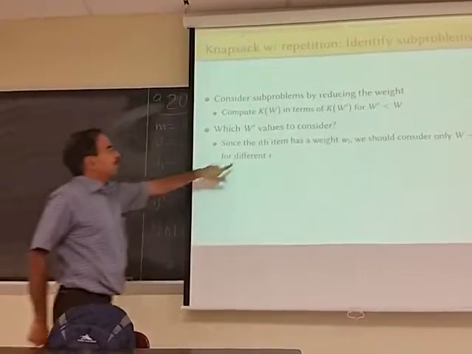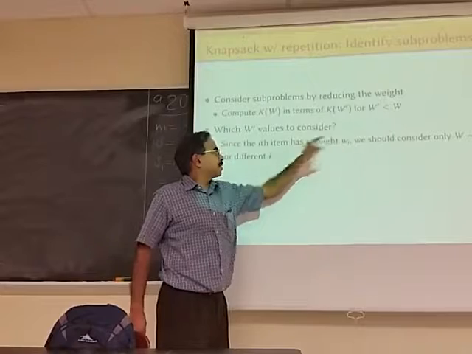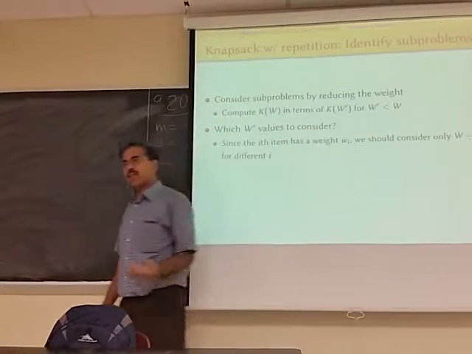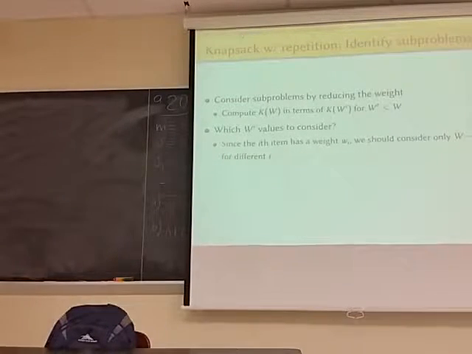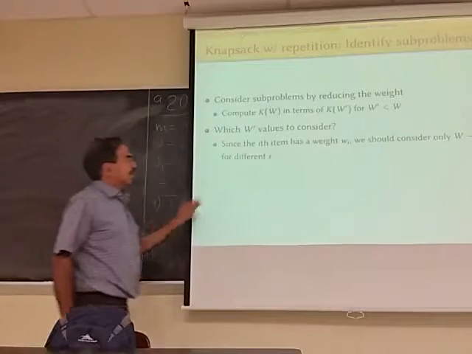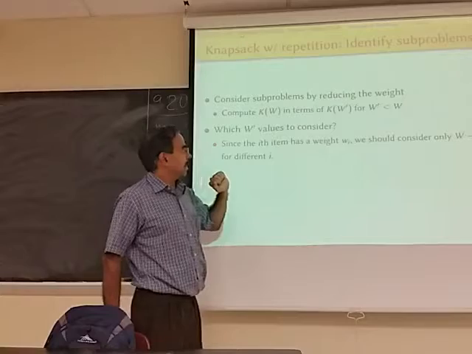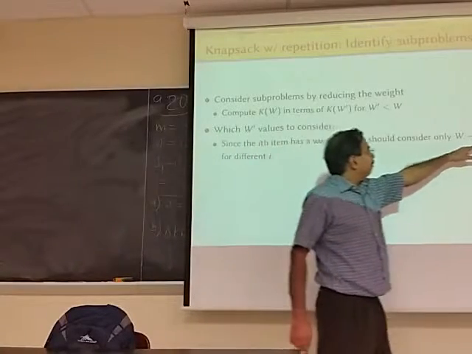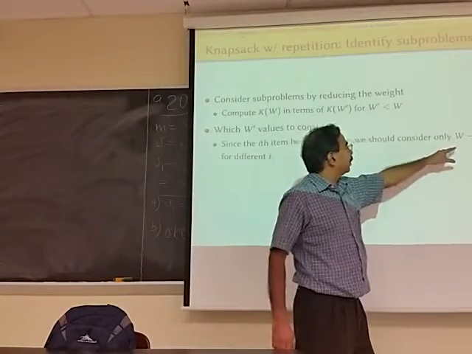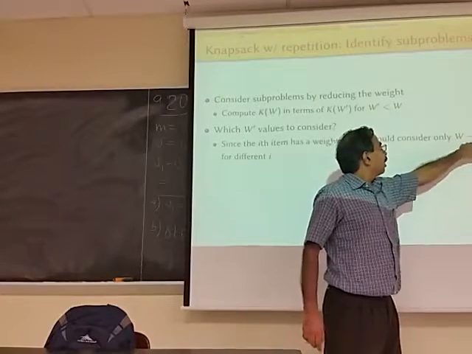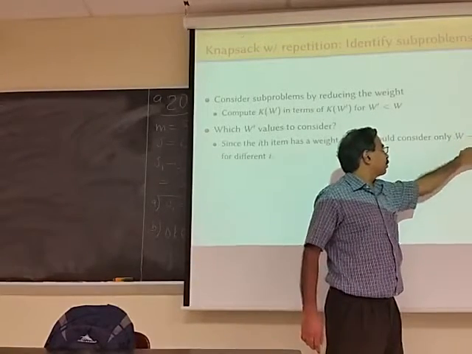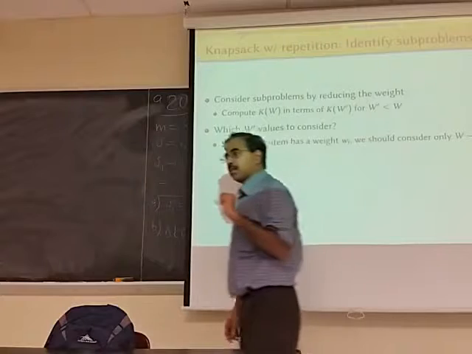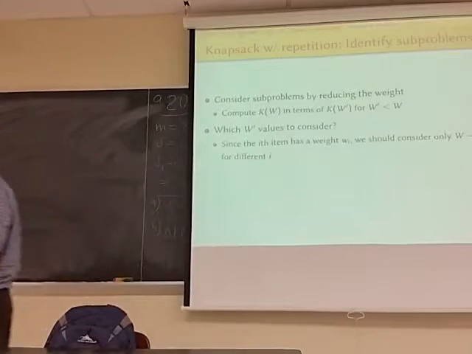But if the ith item has a weight of wi, then you have to spend at least wi of your budget, which means that if you pick the ith item this time, then you can get your best value by ensuring that the rest of the items that you pick correspond to the best valuation for w minus wi.